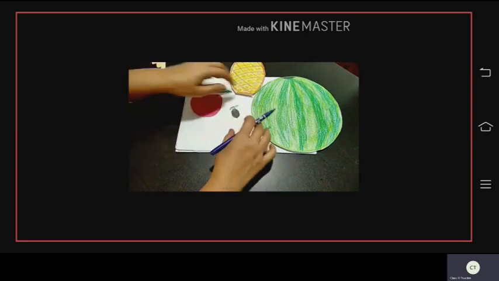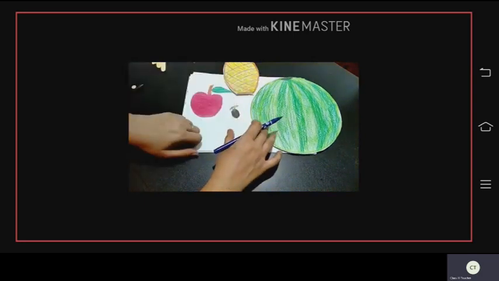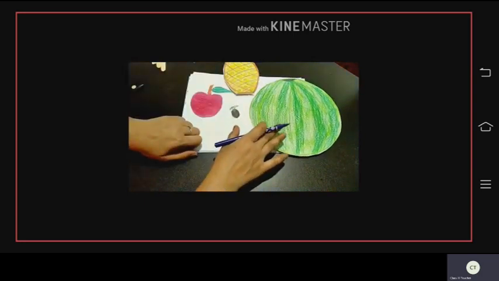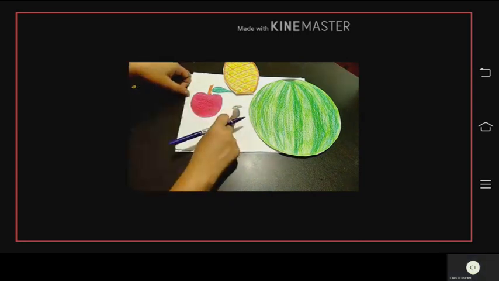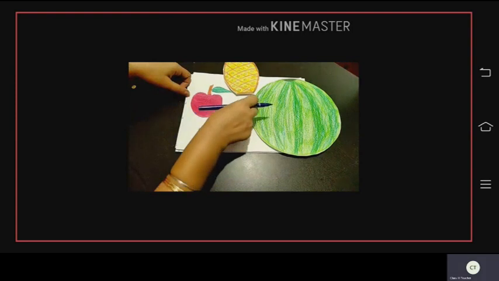Now, we have to arrange these fruits in ascending order according to their size. Okay, children, understood? Ascending order means what, children? First, we have to start with the smallest fruit, isn't it? Which is the smallest fruit here? Grape. Are you agreeing with me?